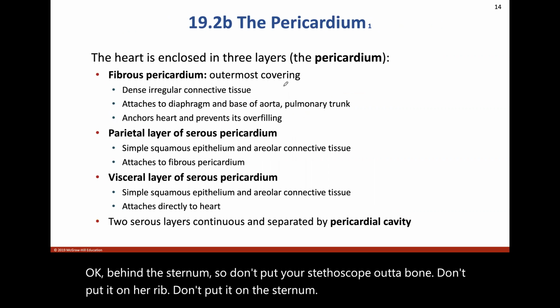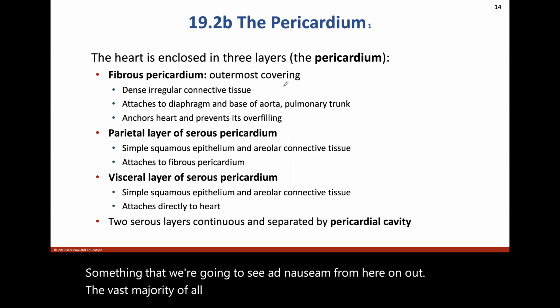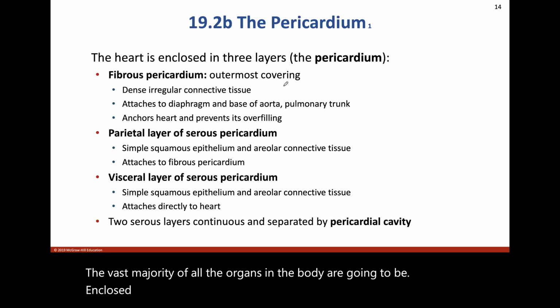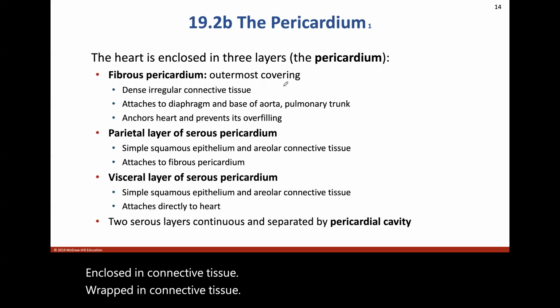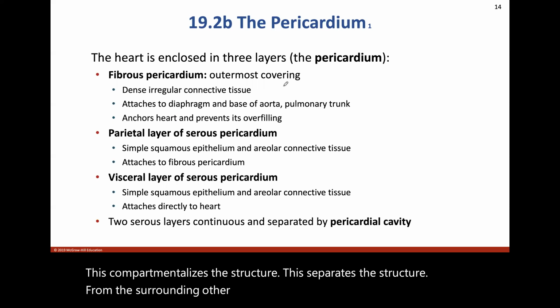Something that we are going to see ad nauseam from here on out. The vast majority of all the organs in the body are going to be enclosed in connective tissue, wrapped in connective tissue. This compartmentalizes the structure. This separates the structure from the surrounding other structures within the spaces, within the cavities.